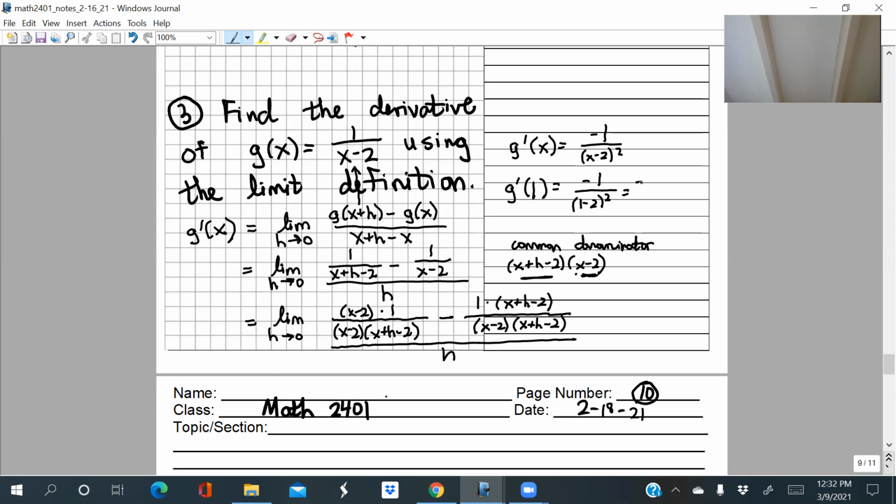Notice that's going to come out to be -1 over +1, which is -1. So what is that telling me about the original function g? The fact that g prime of 1 is -1. What does that tell me? Well, what's happening to this function at 1? Is it increasing or is it decreasing?